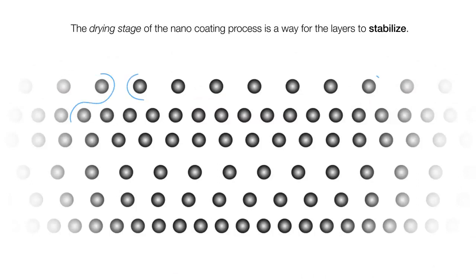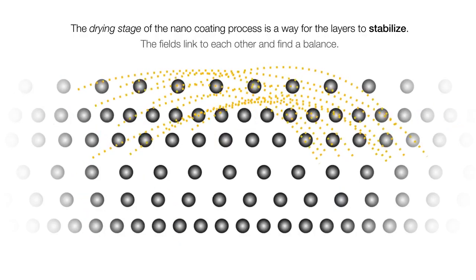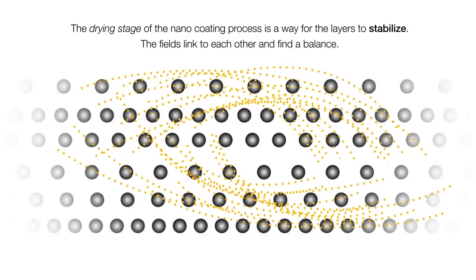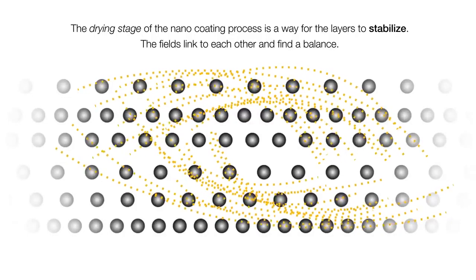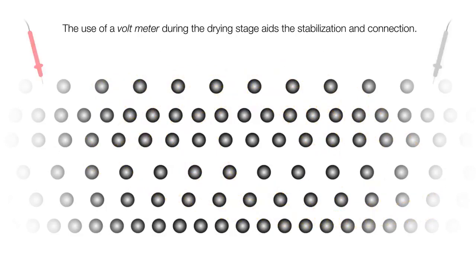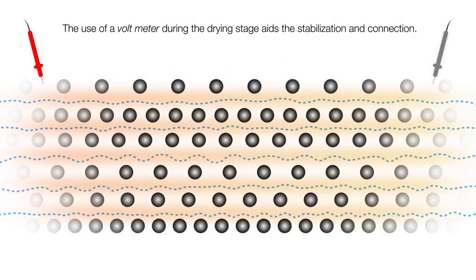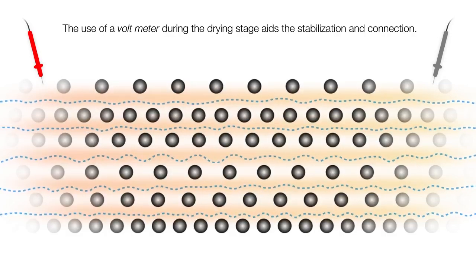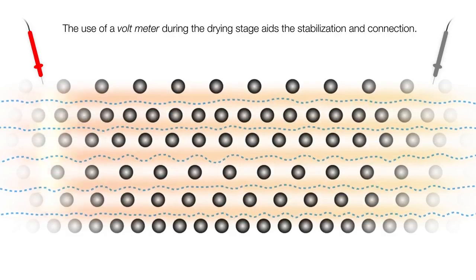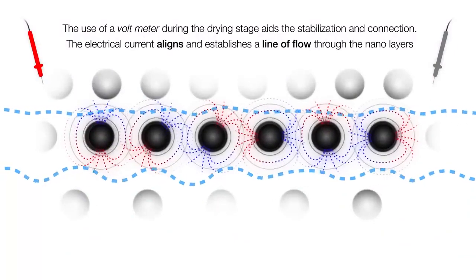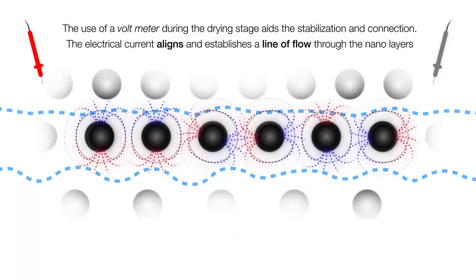The drying stage of the nanocoating process is a way for the layers to stabilize. The fields link to each other and find a balance. The use of a voltmeter during the drying stage aids the stabilization and connection. The electrical current aligns and establishes a line of flow through the nanolayers.